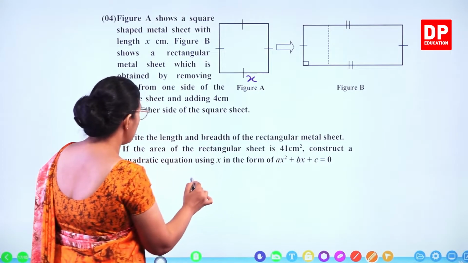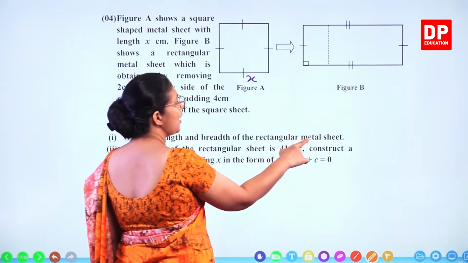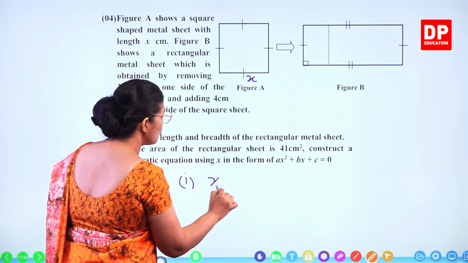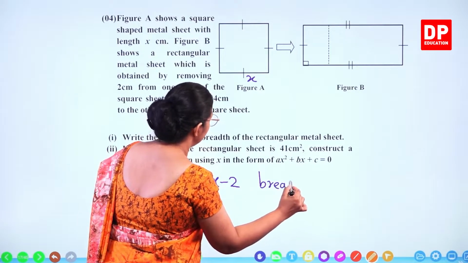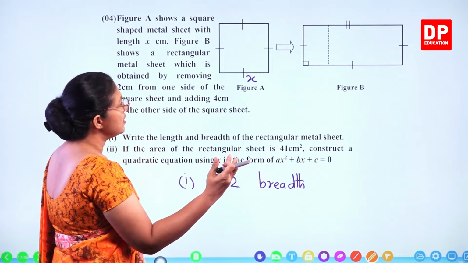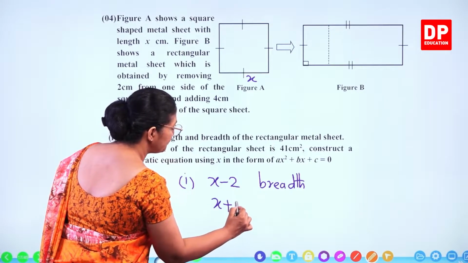So you can say, what is the breadth? They are asking, write the length and breadth of the rectangular metal sheet. So subtracting 2 means x minus 2 becomes the breadth. Adding 4 centimeters, that means length becomes x plus 4.